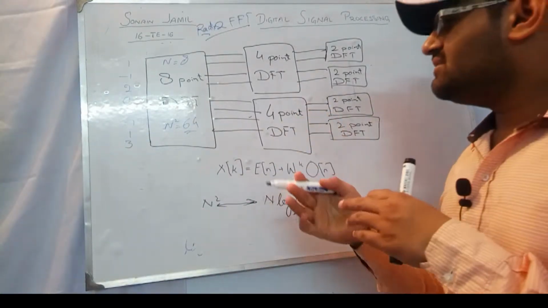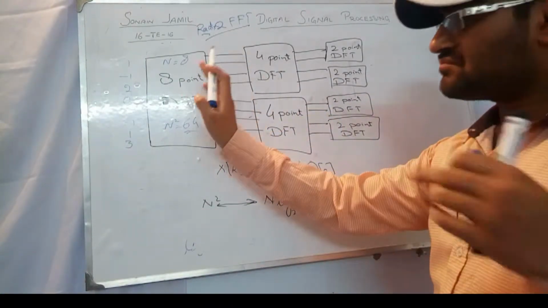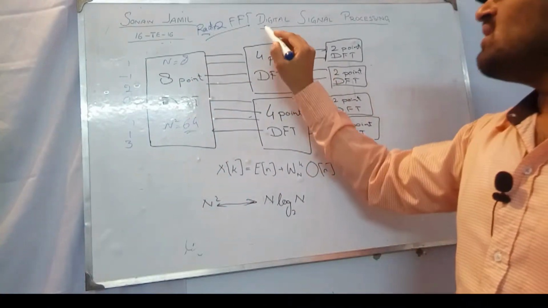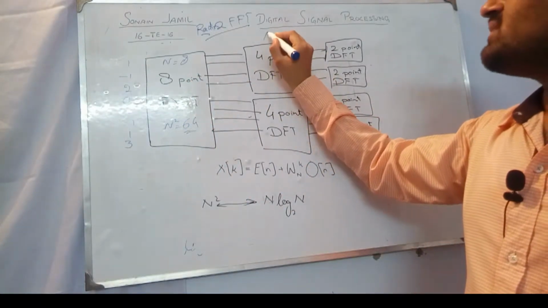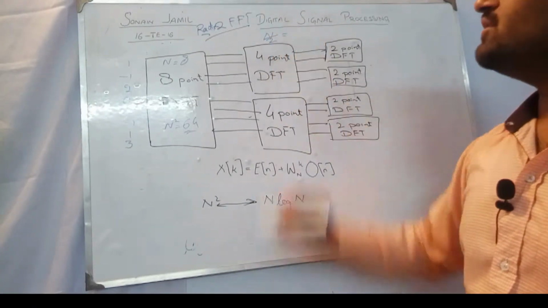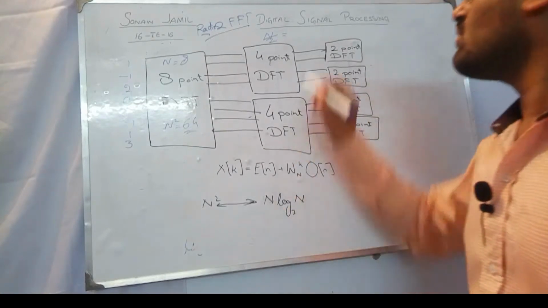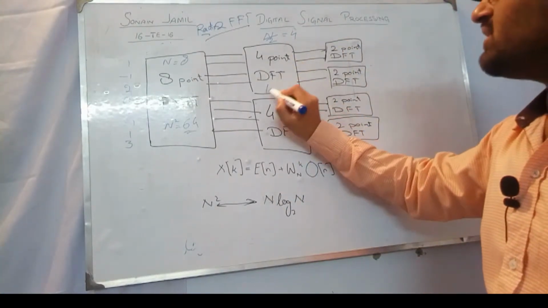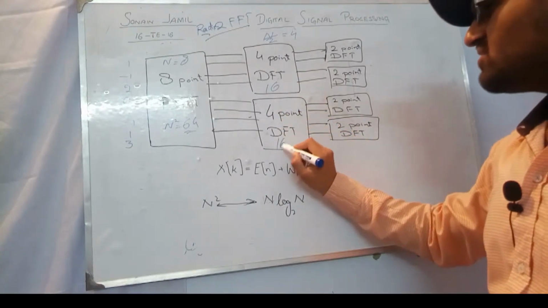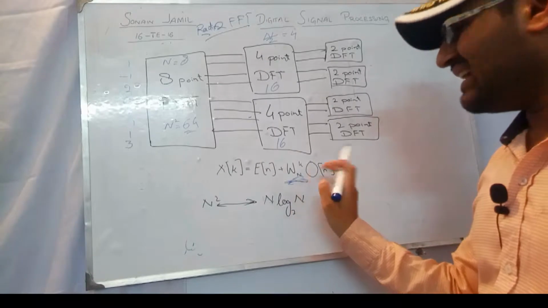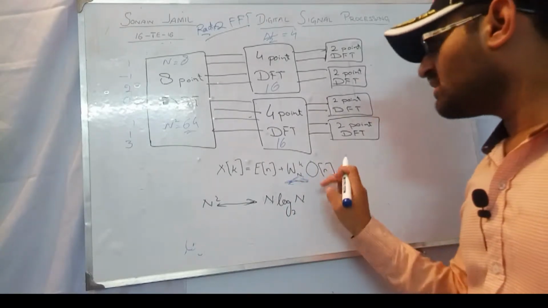We divided this 8-point DFT into 4-point DFTs, and in this case n has been divided into 4, so number of multiplications will be 16, and having this one multiplied by 8 components.